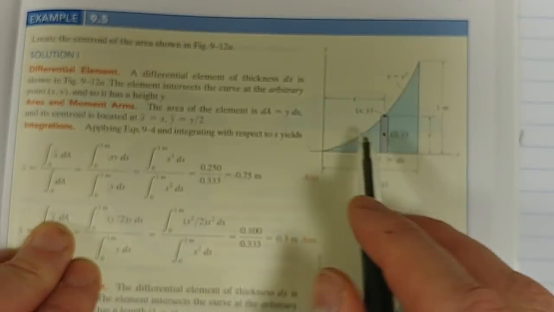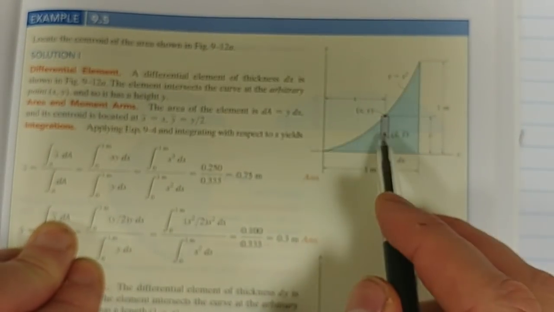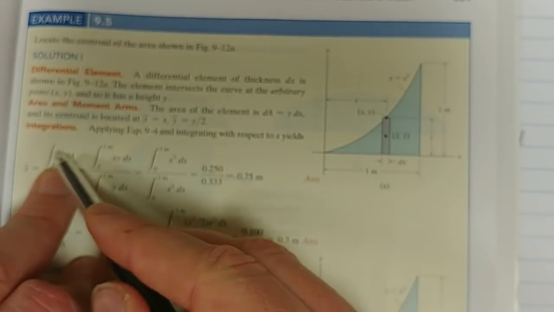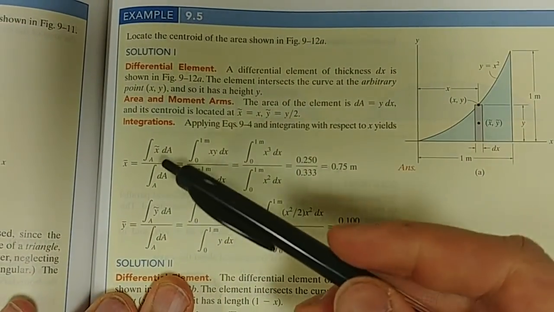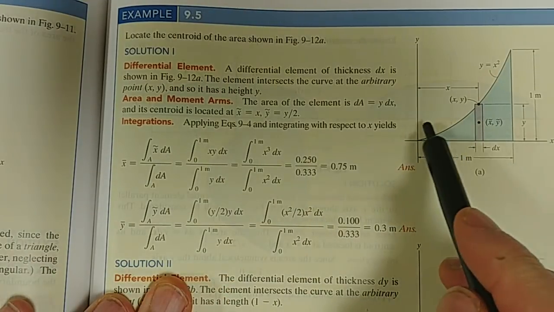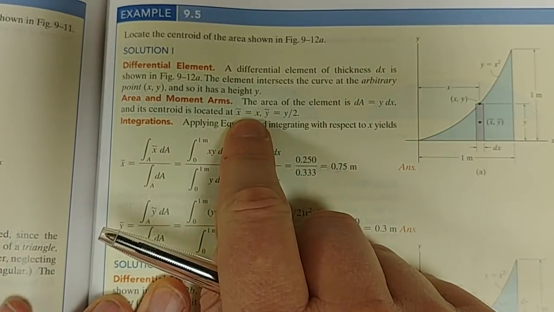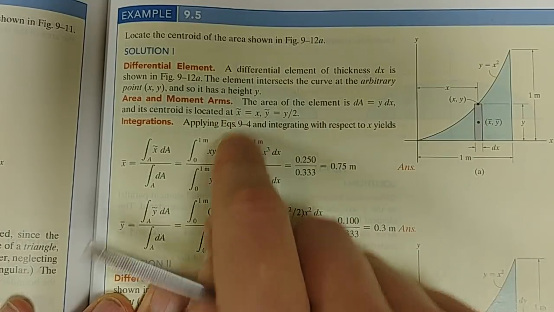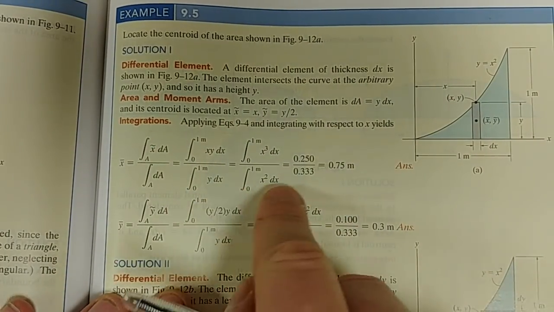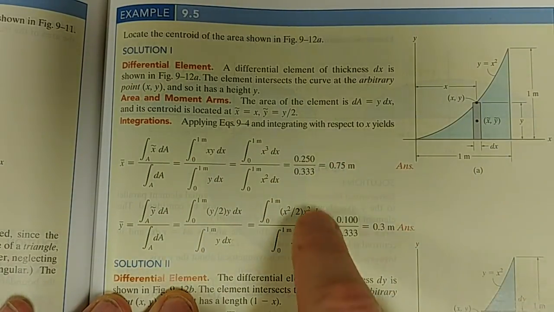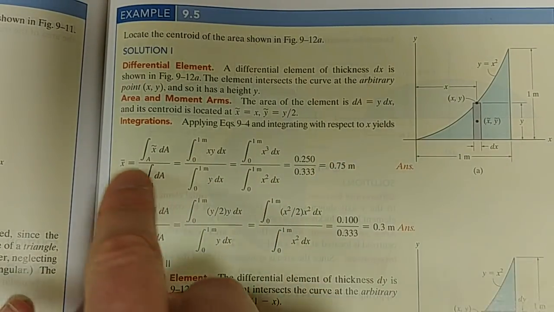Number one, we've done it. But now I need to find the location of the centroid of that differential element. What is x tilde? It is simply going to be x. Then we substitute, we get x cubed and x squared, we solve the integral, and we get 0.75 in the x direction.